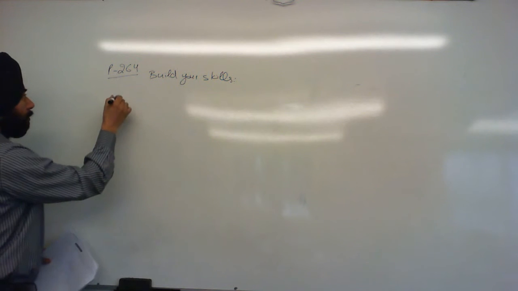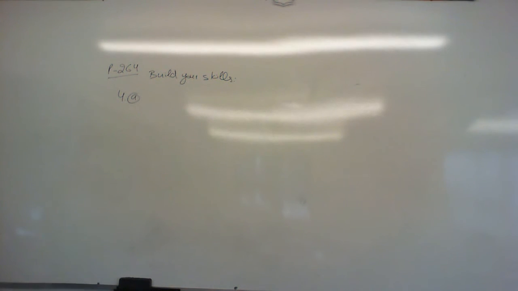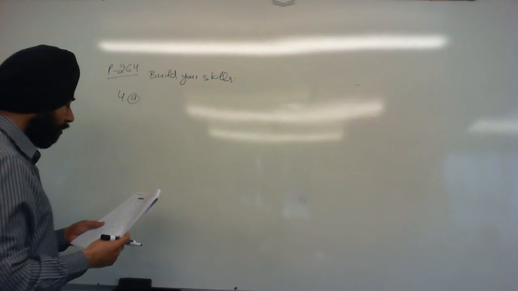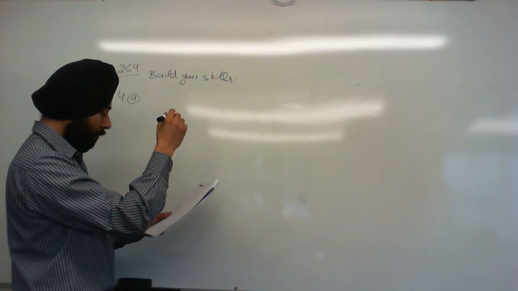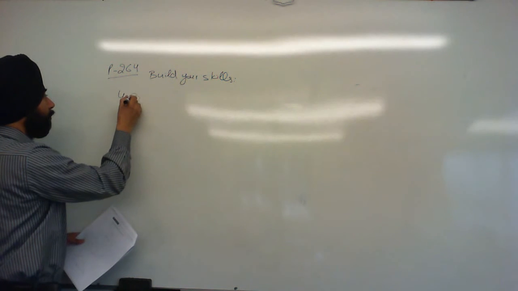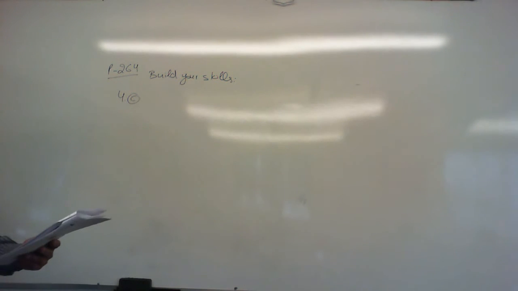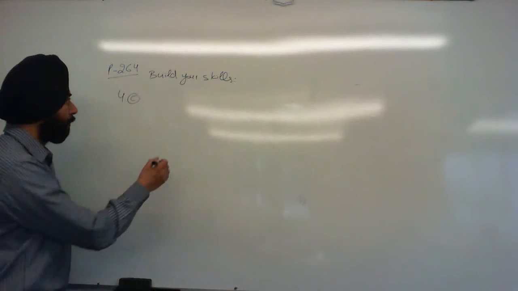This is question number 4A. Calculate the measure of the indicated side and or angle. Okay, let me do C actually. This will cover everything. Let's do 4C. You can do A and B because they are pretty much similar.